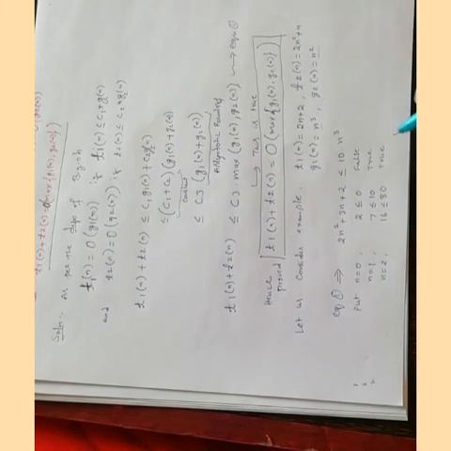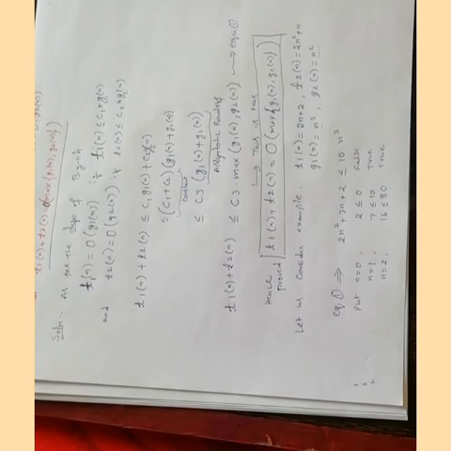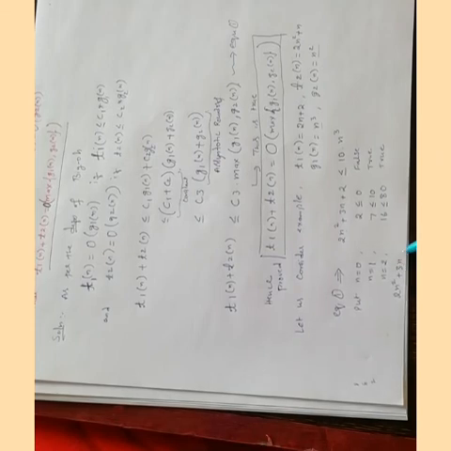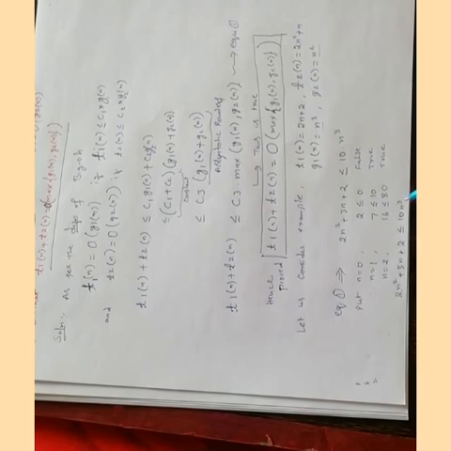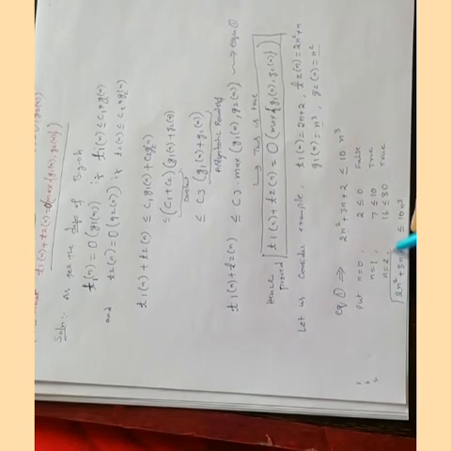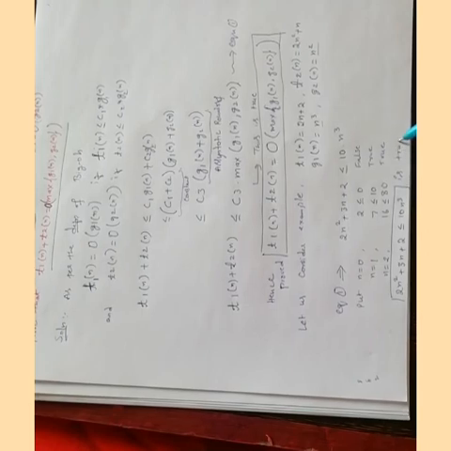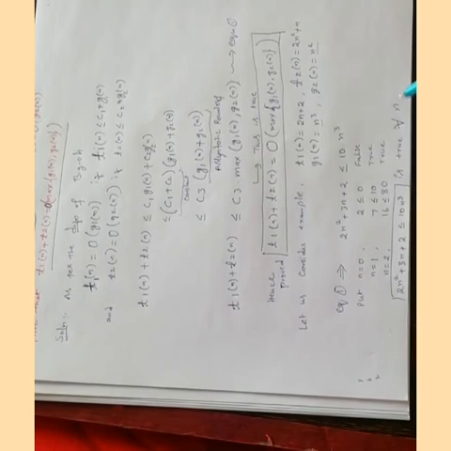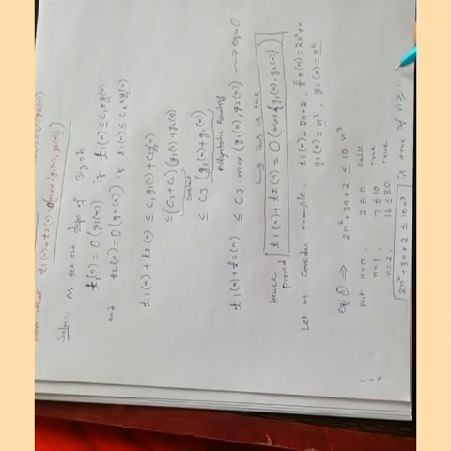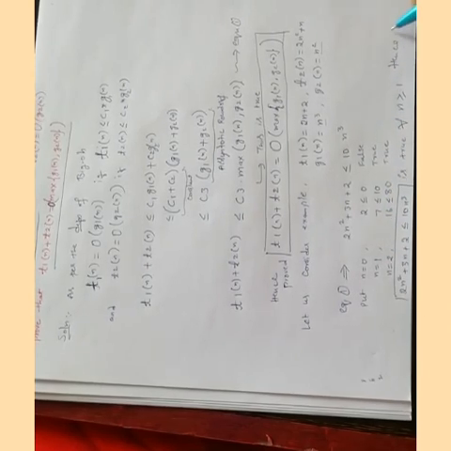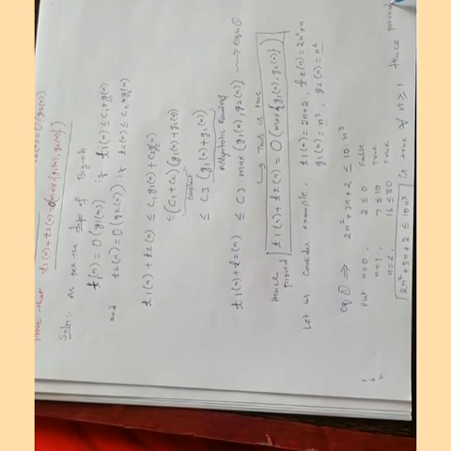So 2n square plus 3n plus 2 is less than or equal to 10n cube, which is true for all n greater than or equal to 1. Hence proved.